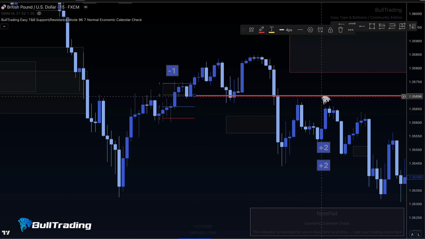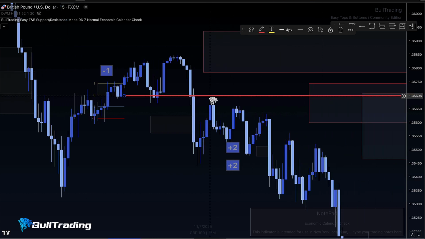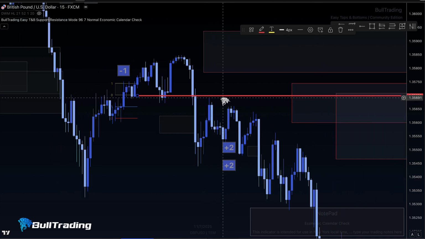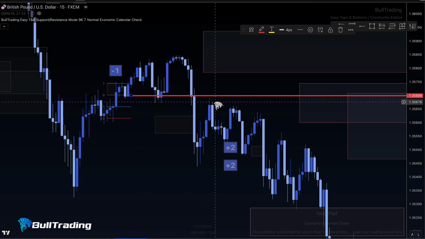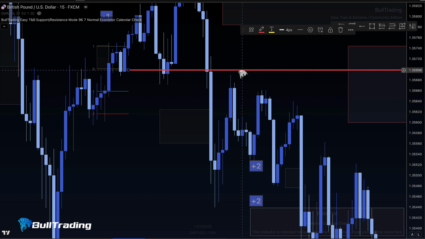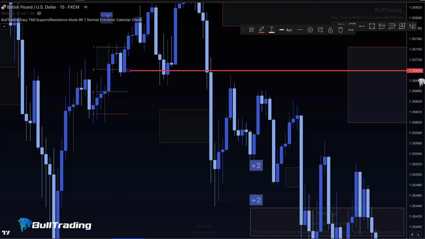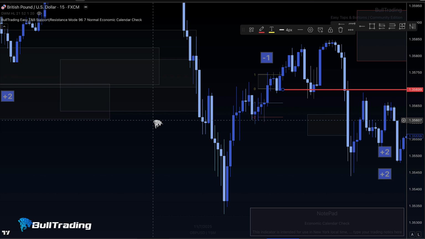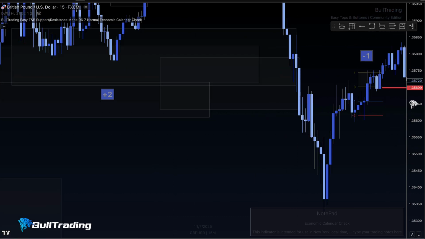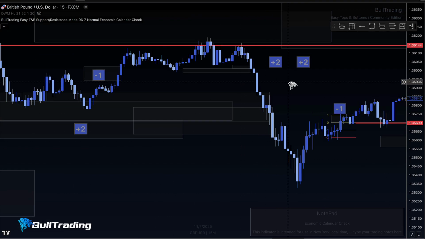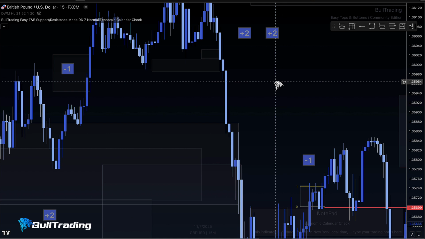Okay, we need to short here, but price didn't reach this level, so we just lost one here. What else? Here we have +2, these little ones.